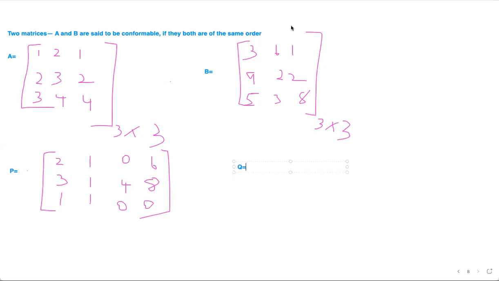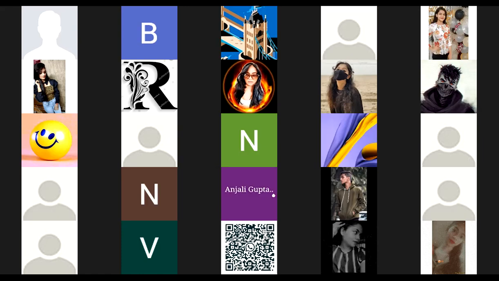Q is equal to 3, 7, 2, 3, 6, 0, 0, 1. I lost what I wrote. I'll give you another conformable matrix.